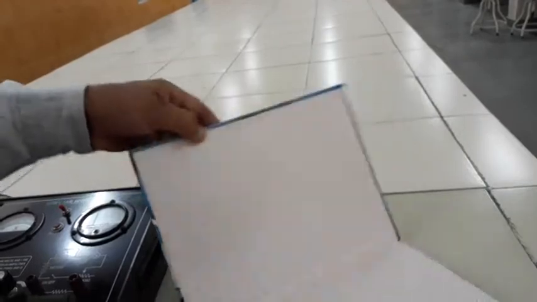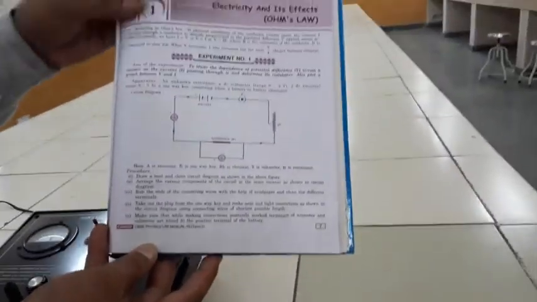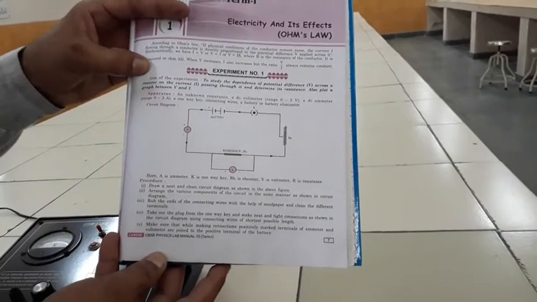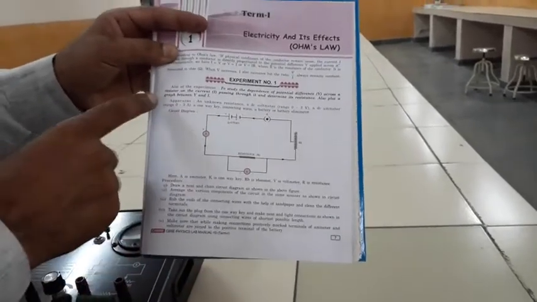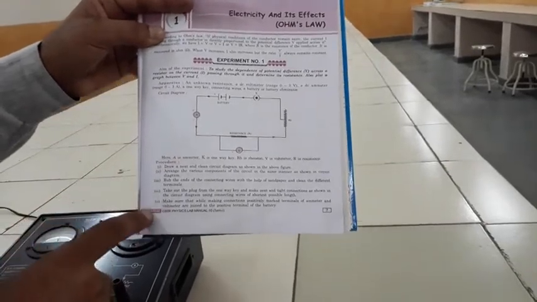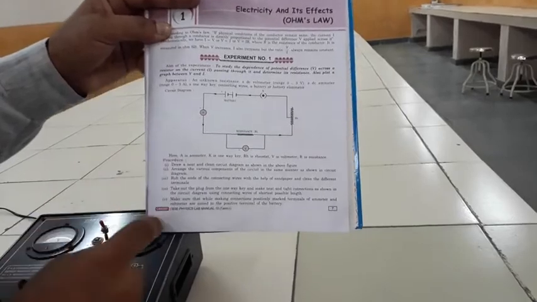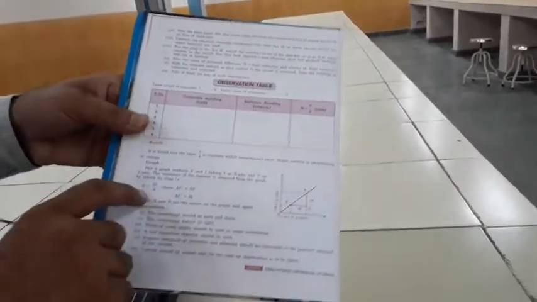Now the written material for you is this. You start from the aim of the experiment, apparatus, circuit diagram, but there is no need to write the procedure. Then you come to the observation table.